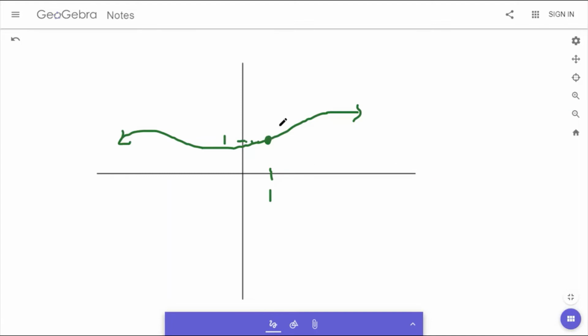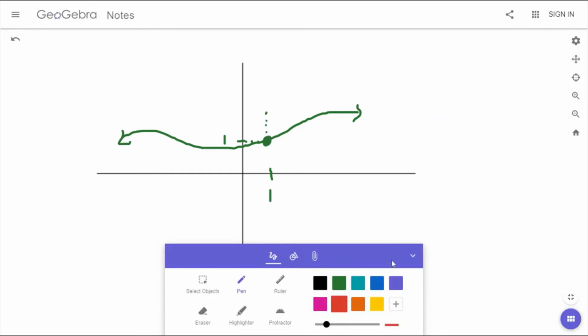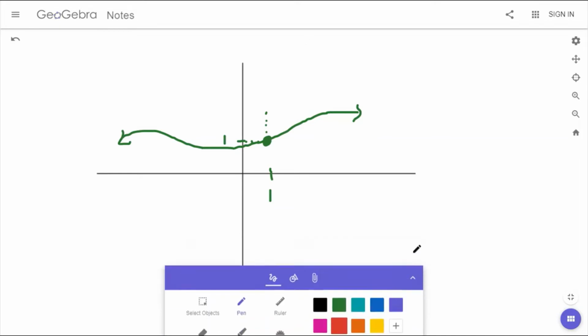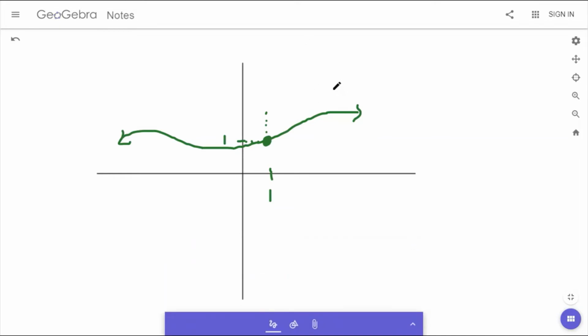So, ang ibig sabihin nito, class, okay, makikita natin na pinapakita ng graph dito, that the limit, let's say this is the graph of function b, so let's say this is b of x. It shows the limit of b of x as x approaches 1 from the left.